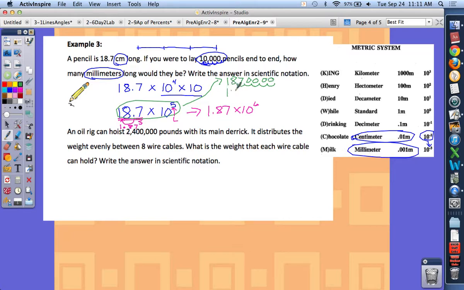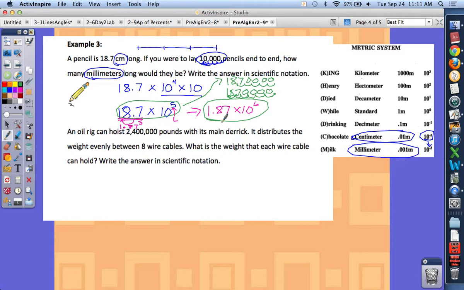So we would end up having this number, right? But now convert that to scientific notation. Well, here's your decimal. We would have to go over 1, 2, 3, 4, 5. Oh, sorry, 6. So we end up getting back down to here anyways.